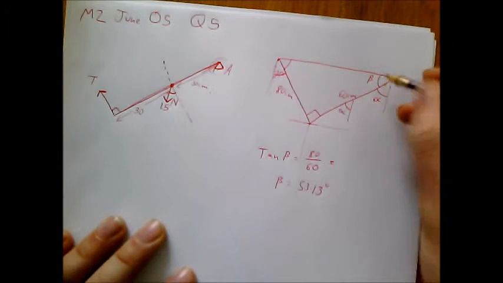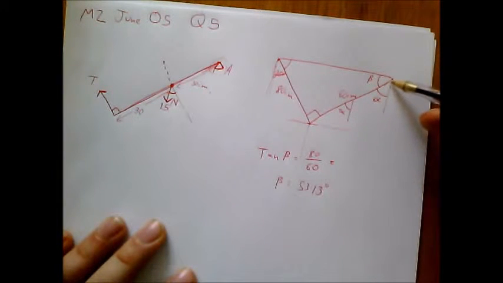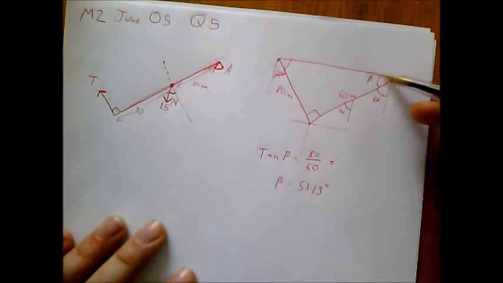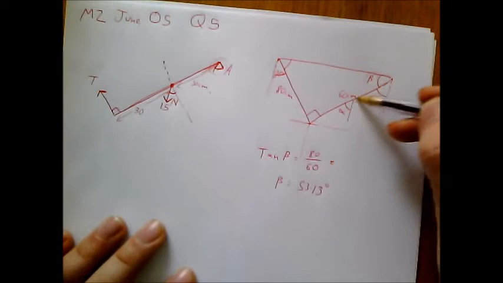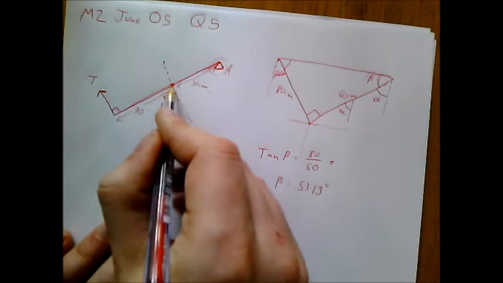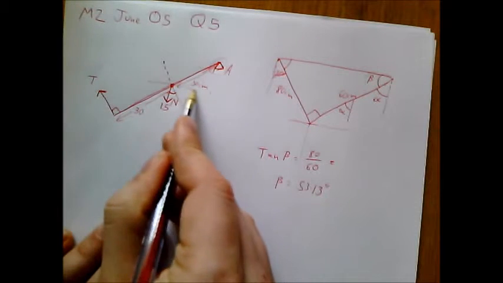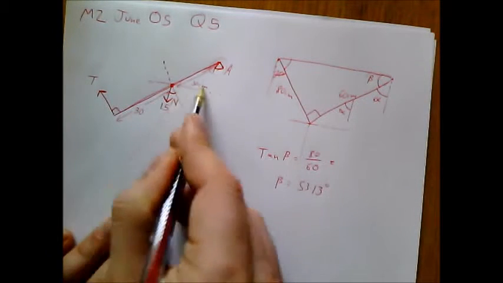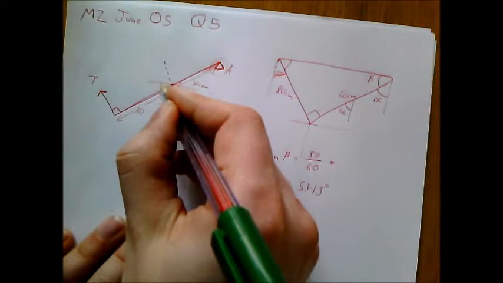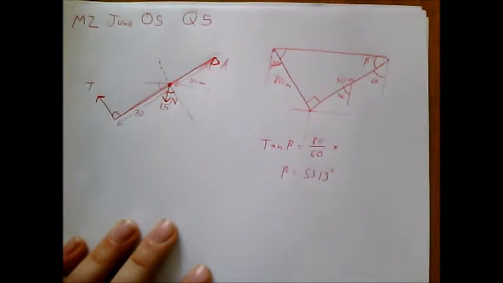So I've now got an angle from the horizontal to this line of action here. Looking back on this diagram, from this line of action here, I know this angle. So I hope that's clear there.